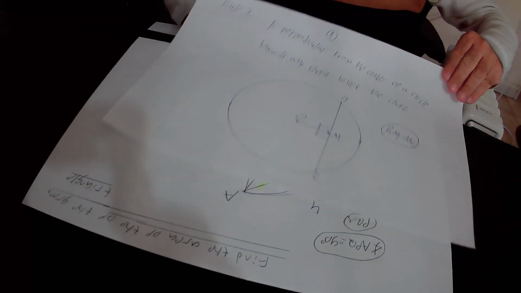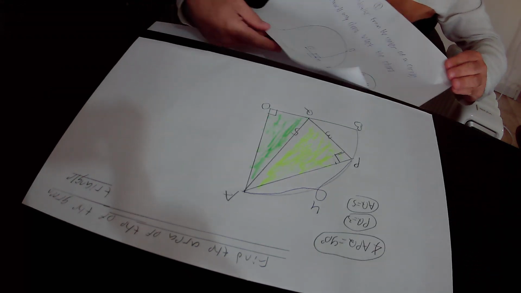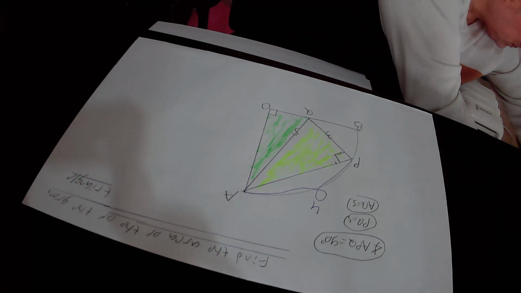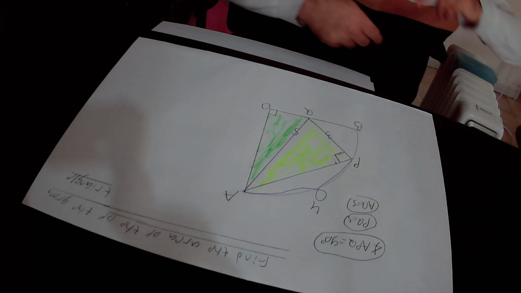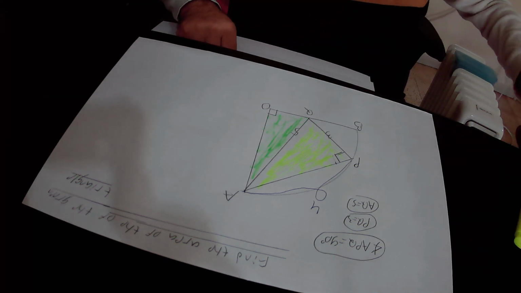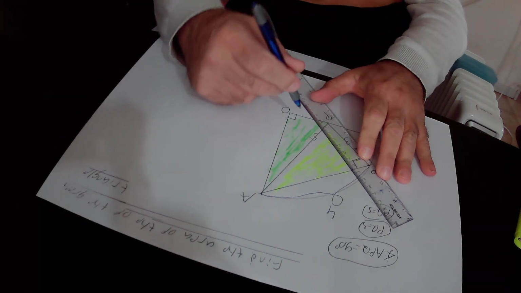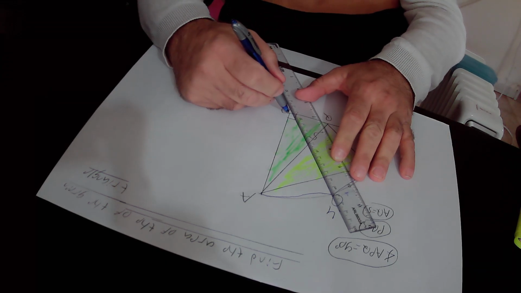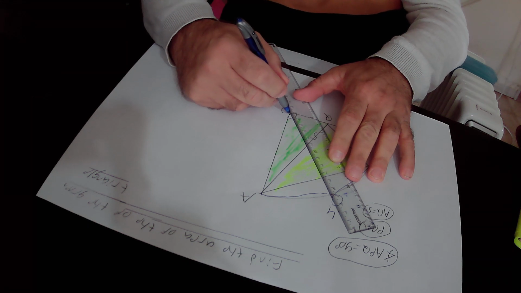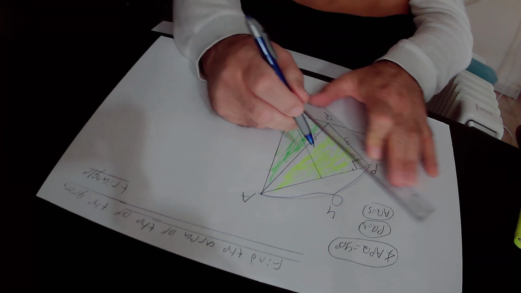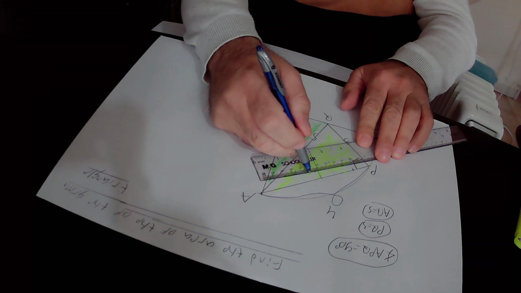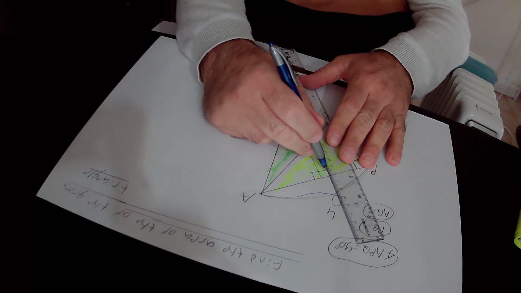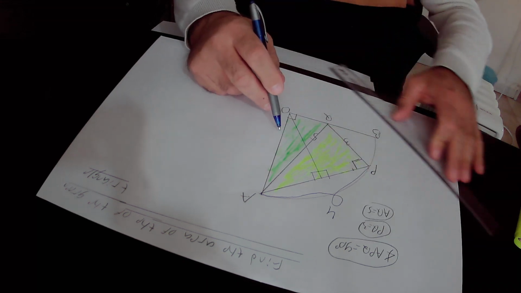Now we will implement rule number 2 in our drawing. From point O, that is the center of the circle, we draw a perpendicular on chord PA. So this angle equals 90 degrees, and this angle equals 90 degrees according to our construction.